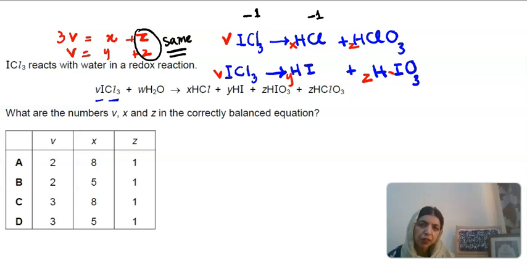But this -1, when it is turning into HClO3, turns into oxidation state +5, right? Now you can see that from -1 to +5, there is a change of 6 electrons.